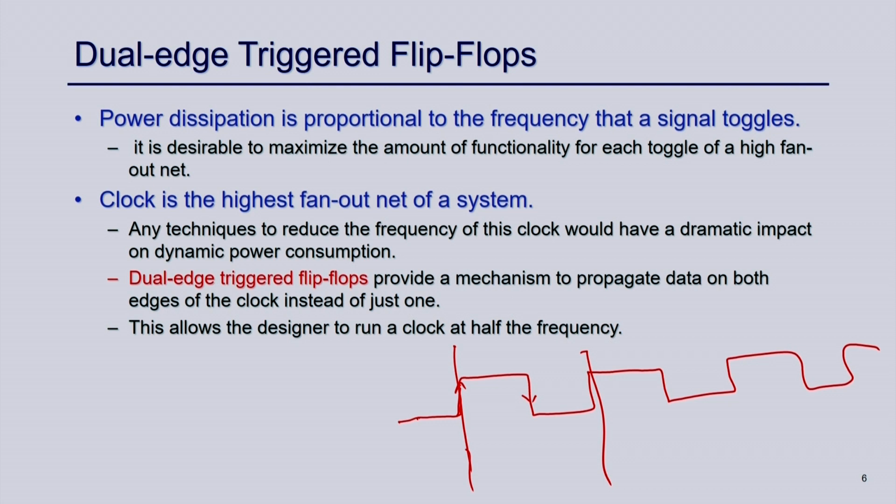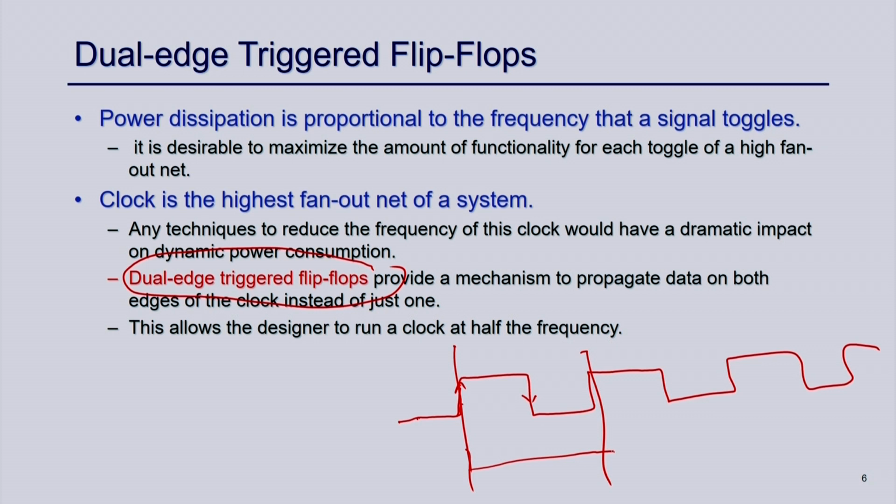If we can use a dual edge triggered flip flop, which updates on both the positive edge and the negative edge, so the data state changes on both edges, then 2 operations can be executed within one clock period. So, even if you make your clock half, you can effectively execute all of your operations in the specified time period. This is the use of the dual edge triggered flip flop. Using that we can run the whole design at half the frequency.